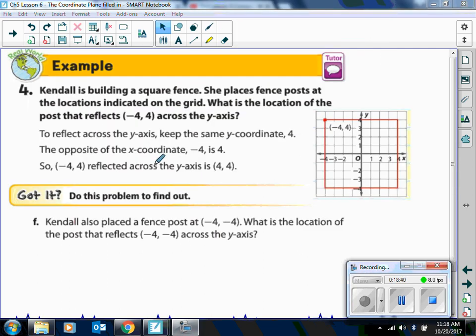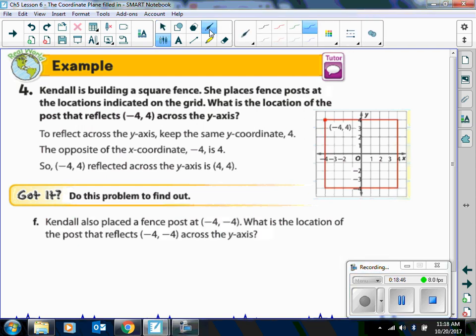All right, for the last example, it says Kendall is building a square fence. She places fence posts at the locations indicated in the grid. What is the location of the post that reflects -4, +4? So here is -4, +4, and we want to see what is the location of the post that reflects -4, 4 across the y-axis.